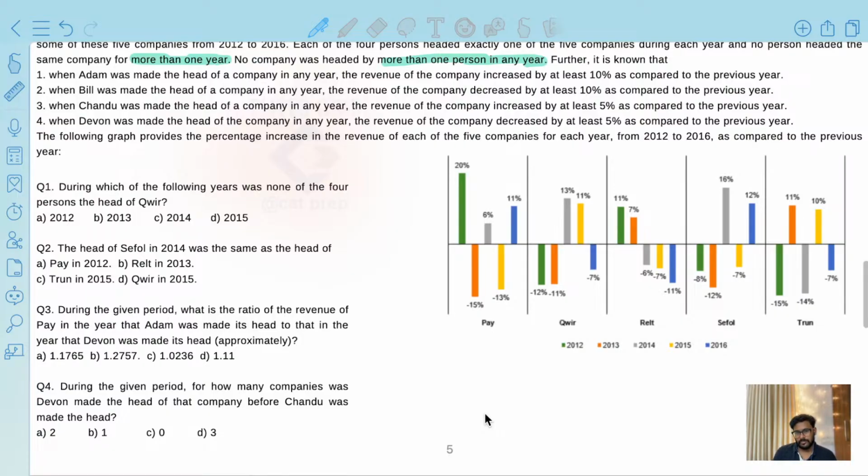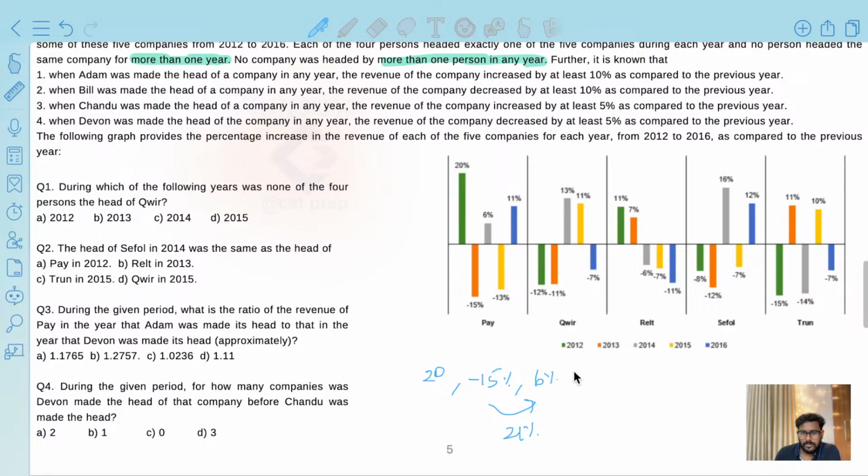Revenue of the company. So 20%, then went to minus 15%, then to 6%. That's an increase of how much? 21%.